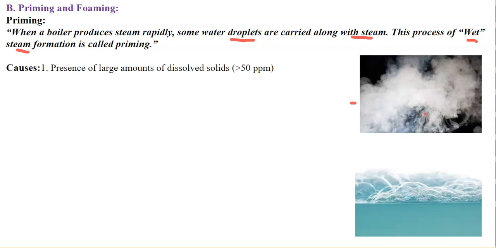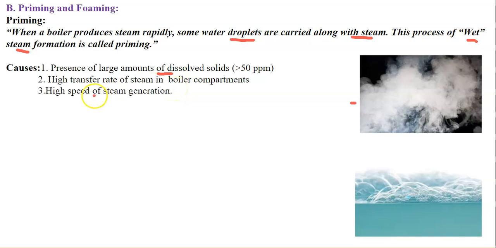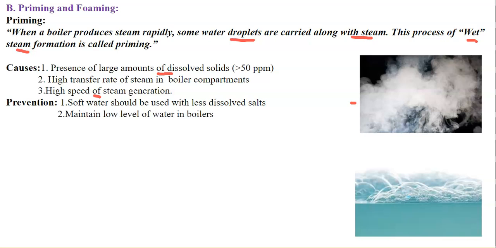So what are the causes of priming? First, if it contains a large amount of dissolved solids, then steam generation doesn't occur smoothly. Second, a high transfer rate of steam in the boiler compartment. If there's high speed of steam generation, then it can lead to priming. How can we prevent priming? Instead of using hard water, we should use soft water in the boiler, which contains less dissolved salts, because priming occurs due to the use of hard water.